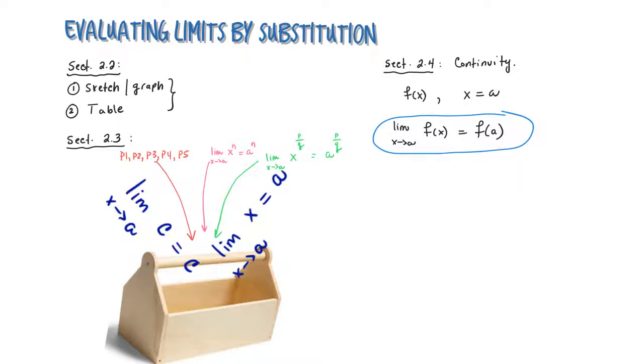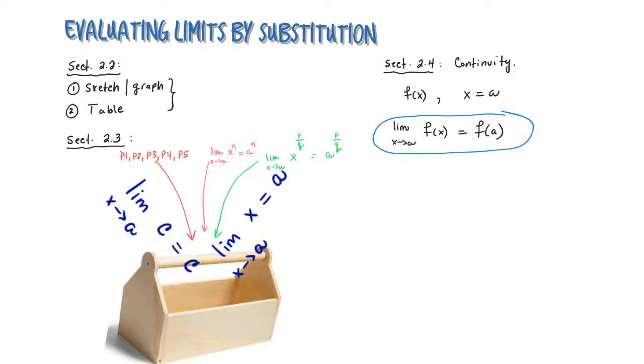That means that by just having f of a, all that we have to do is to evaluate the function at x equals a. We just have to go ahead and do a direct substitution. Take the value of a and substitute it into the variable x in the expression of the function. So this is why I put here in the title, evaluating limits by direct substitution.